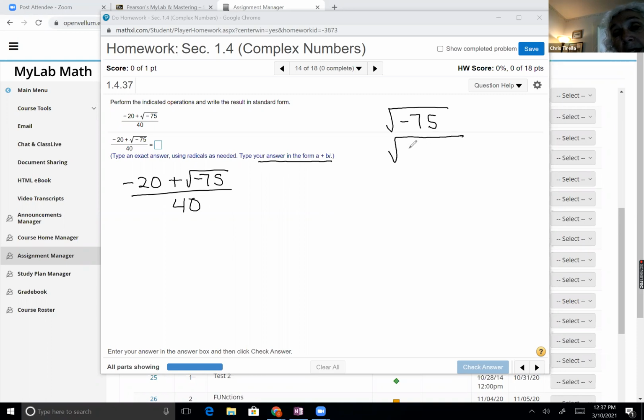Hopefully everybody recognizes 75 as 25 times 3. Because it's negative, we factor out that -1. The square root of 25 is 5, the square root of 3 is the square root of 3, and the square root of -1 is i. To that point, are you okay?